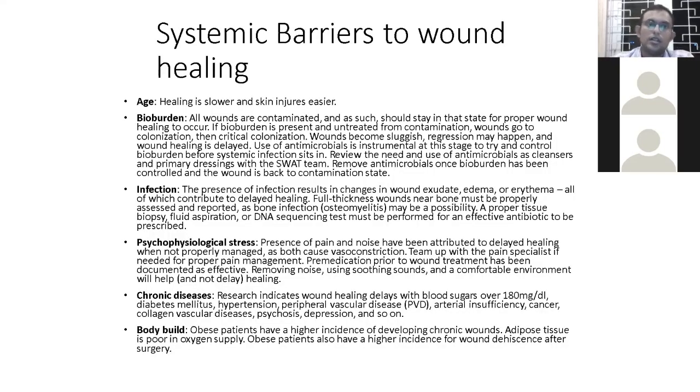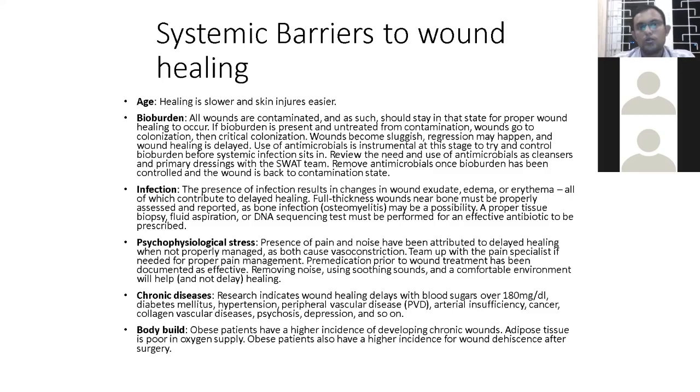So a little bit into the systemic barriers to wound healing, why it doesn't heal. So the first thing is age. Usually the chronic wound burden is in the aging population. So age makes it slower. Ultimately, age wins. Then the other thing is the bioburden.